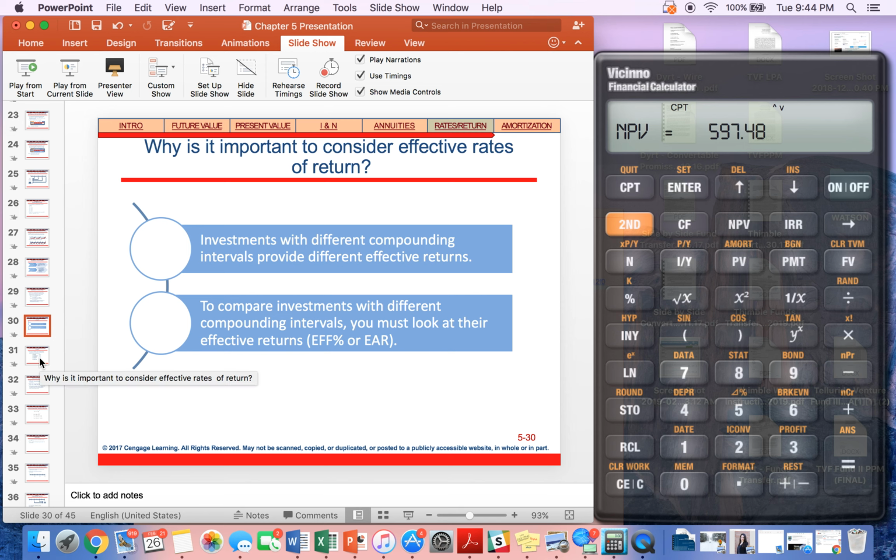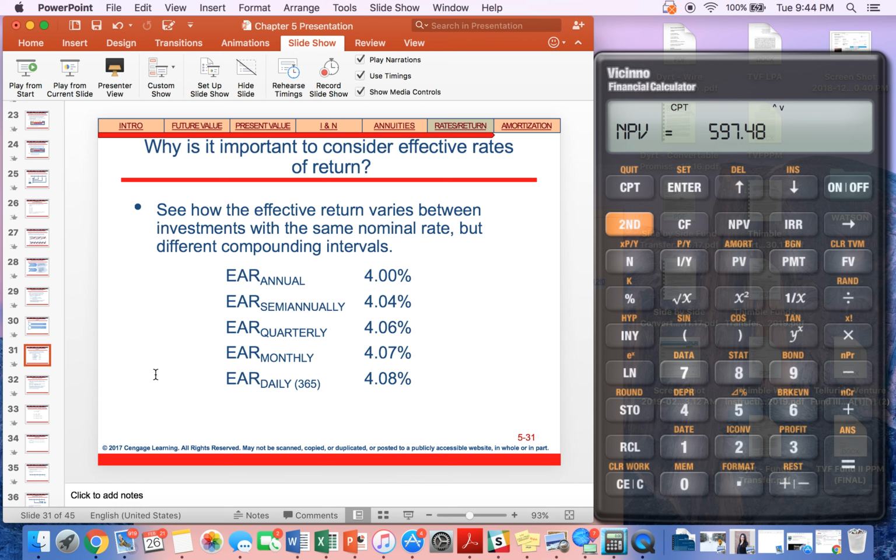So let's skip down to slide 31 here. And I like this visual because it helps you understand, again, the power of compounding. Again, the more often you compound, the more money you will earn. So we have that effective annual rate. That's the annual rate, or just simply your I nom, your nominal rate, was that 4%.